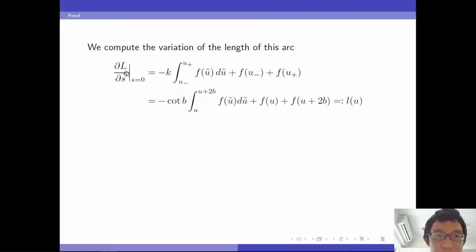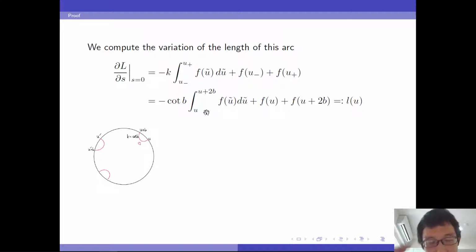With some computation, we can show that the variation of the length of the arc satisfies this relation, which in turn is equal to the following integral. Here d is the length of the boundary arc, and for the unit disk, everything can be computed explicitly, and we can verify the relation that the curvature of this perfect arc is equal to cotangent b, and we get this.